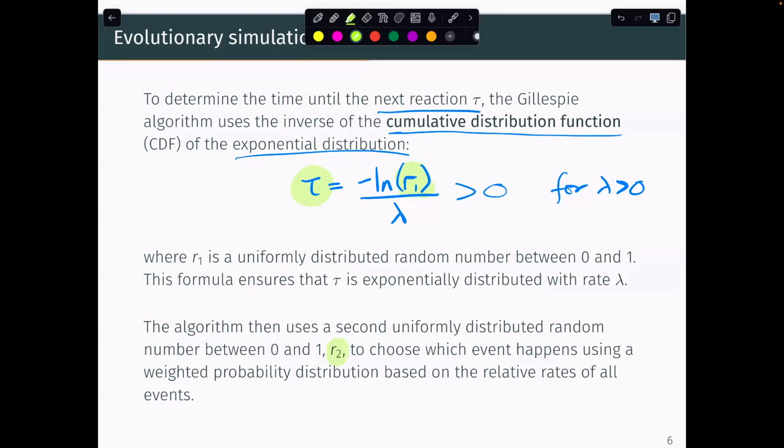And then we use a weighted probability distribution to choose which event is going to occur. In other words, the events that make up a large proportion of this lambda should be more likely to happen. So if your births were occurring at a much higher rate than your deaths, then you'd be much more likely to expect a birth than a death. Okay, so this gives you your time at which the next event occurs, and then after that we work out which event is the thing that's actually happening.